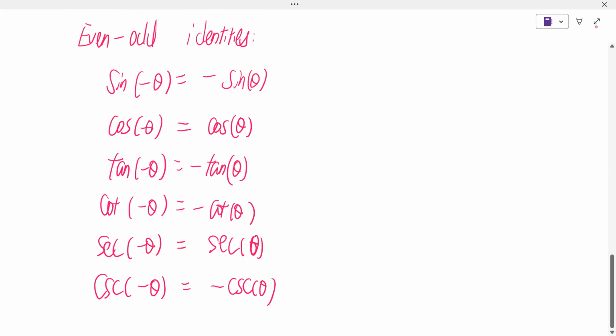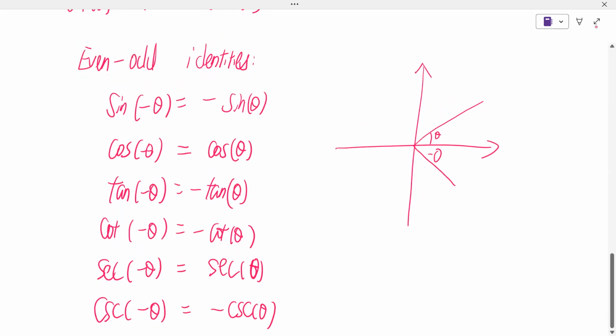So, if you want to look at this really quickly, actually, it's not hard to prove this, right? Let's say this is the angle theta, and this will be negative theta. And then we know that sine theta will be positive, right? This is positive. And then now sine negative theta, all students in calculus, right?